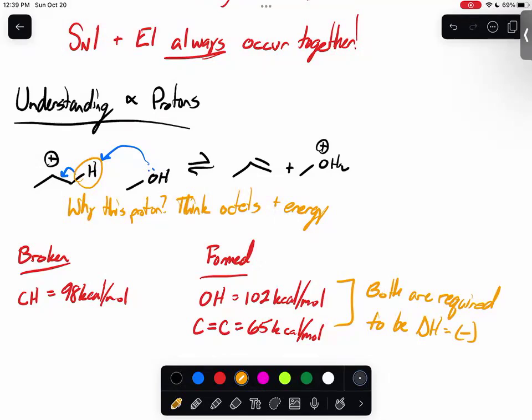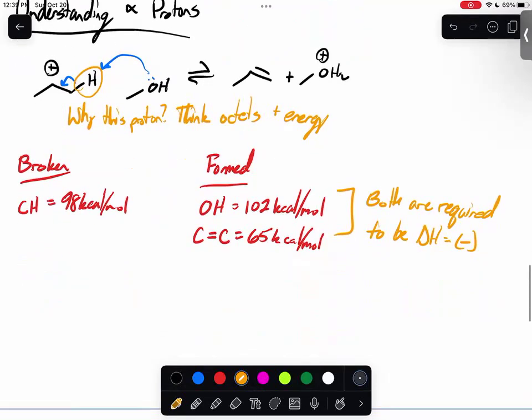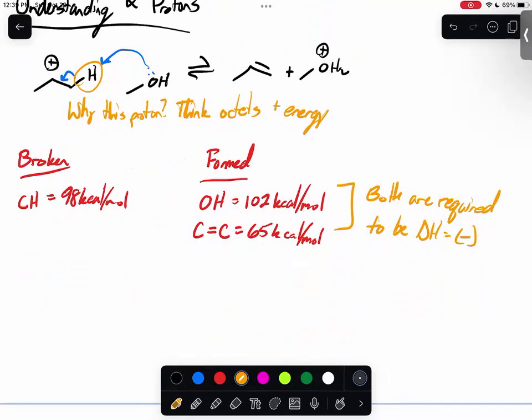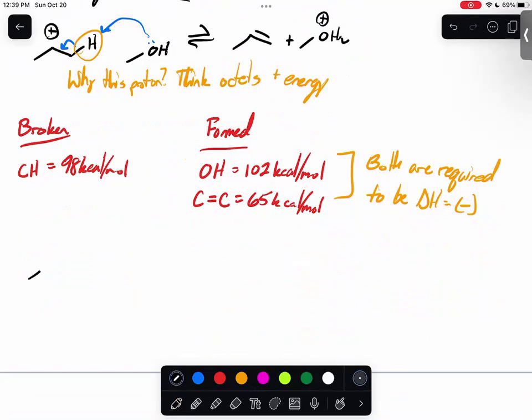Okay, so the thing is, if we're wanting to form an alkene, we have to then think about octets. Because looking at another place, this is where students like to take a proton from where the positive charge is. Logically, it feels right. You want to give a negative charge to where the positive charge is. But if we tried to do that, we have to form the CC bond, that carbon-carbon double bond.